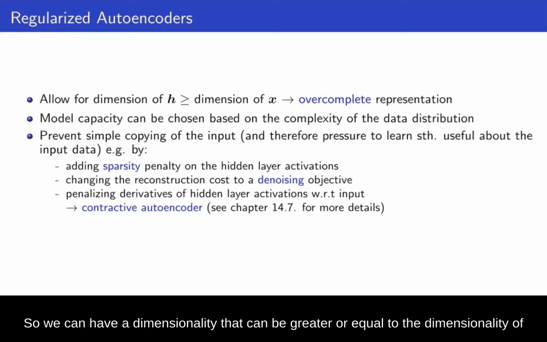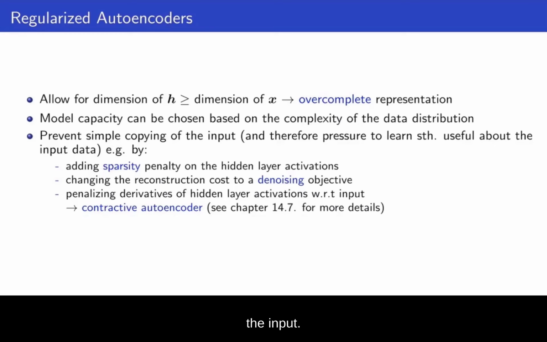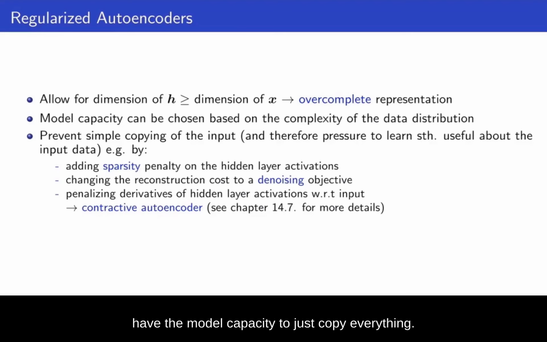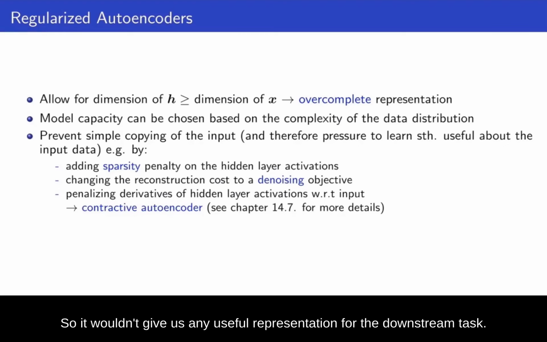So we can have a dimensionality that is greater than or equal to the dimensionality of the input. Now that means if we don't do anything about this, then the model will definitely have the capacity to just copy everything. And that wouldn't be very useful to us. So it wouldn't give us any useful representation for the downstream task.